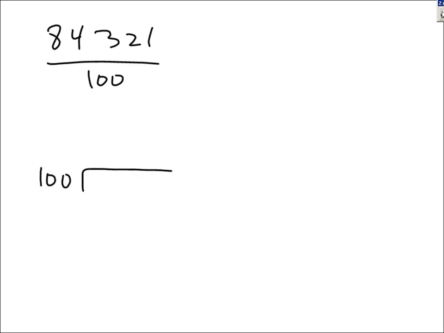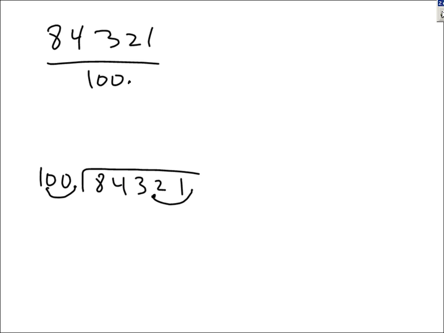If you can get the problem to have a 1 in the denominator, you really accomplished a lot. If you were to do 84,321 and you want to divide this by 100, you do not bother to do this. And if you did, you should say, oh, I'm going to move this decimal 2 places and this decimal 2 places.